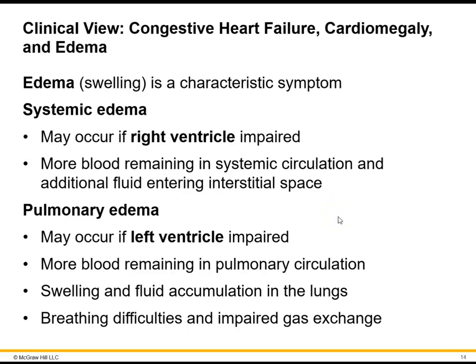Okay, and there's a couple of just broad types of edema I want you to be familiar with. There's systemic edema, and this is going to happen where there's more blood remaining in the systemic circulation, and so fluid is going to kind of leak out of the systemic circulation. It's going to get pushed out of those blood vessels into the surrounding tissues, the interstitial space.